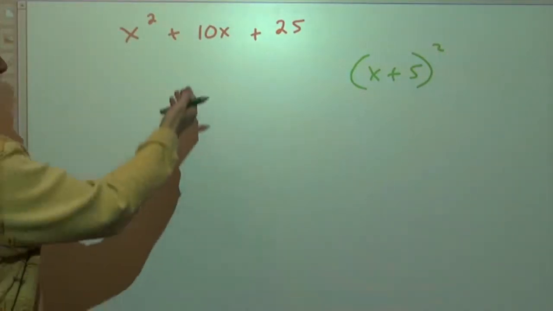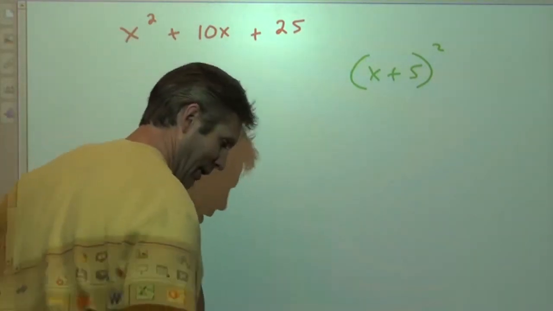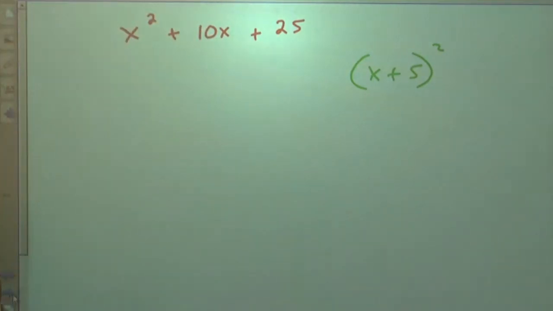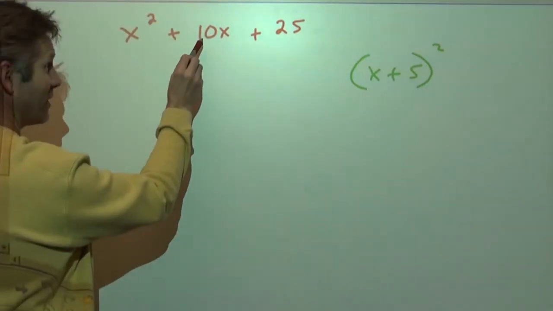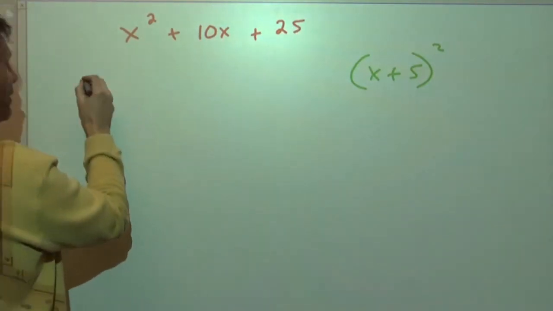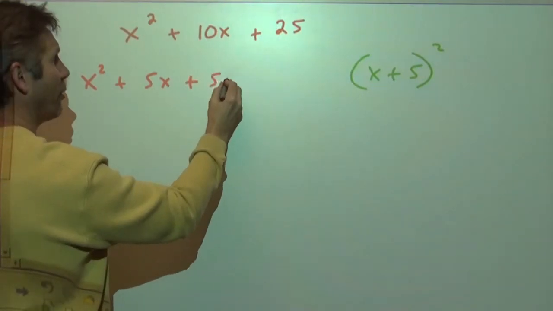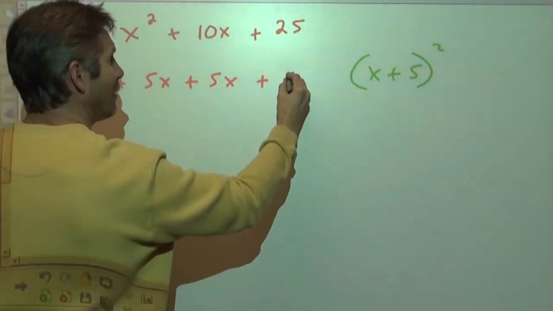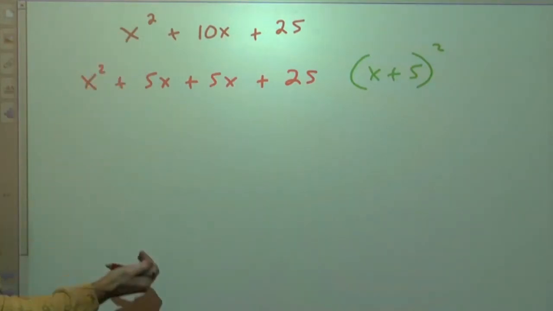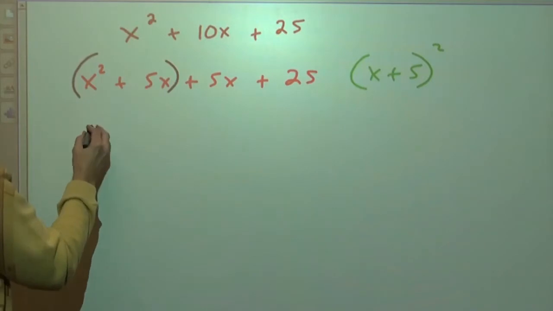If you don't, the approach that we've taken is going to work because we're looking to replace the linear term of 10x with 2 linear terms that add to 10x, but whose coefficients multiply to 25. So we're going to realize that those 2 linear coefficients both have to be 5. So both these are equivalent, and now divide and conquer, factor by grouping.